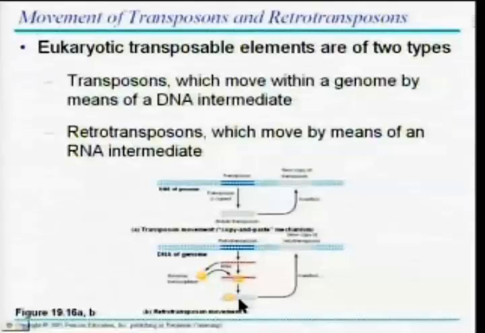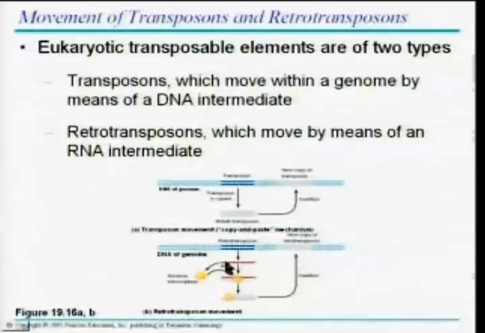In panel B, the movement of retrotransposons begins with the formation of a single strand of RNA intermediate. The remaining steps are essentially identical to part of the retrovirus reproductive cycle. So we see RNA used to make DNA, then double-stranded DNA, then it gets inserted as a new copy of the retrotransposon.